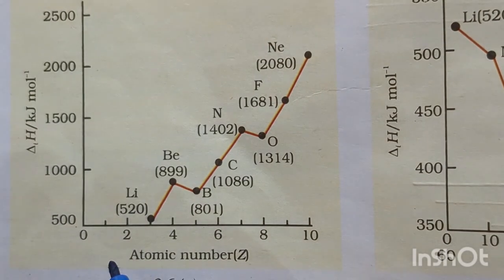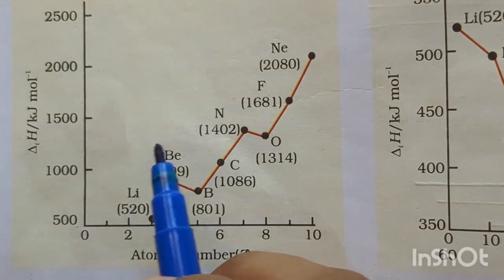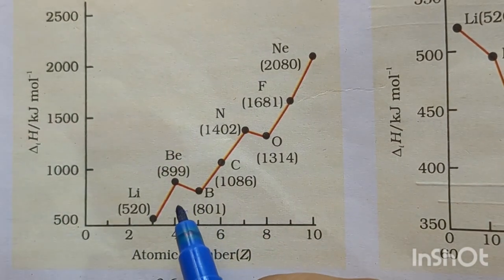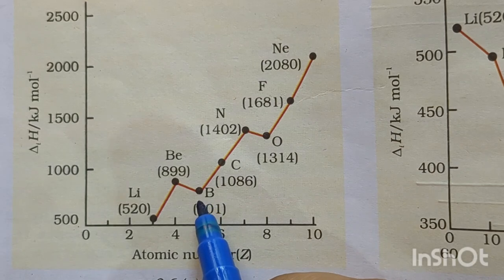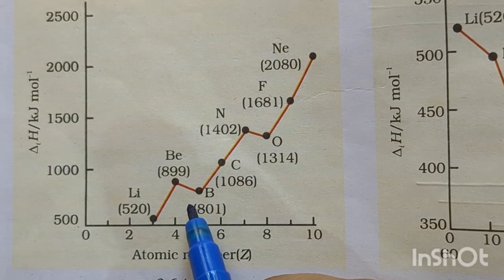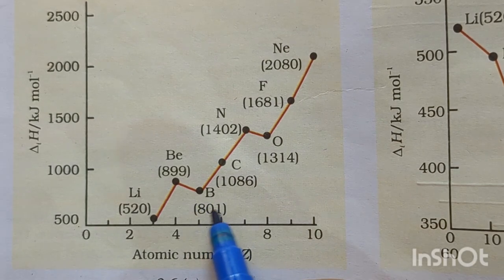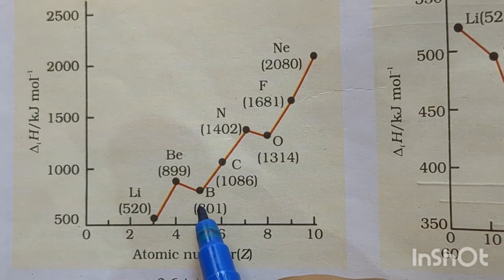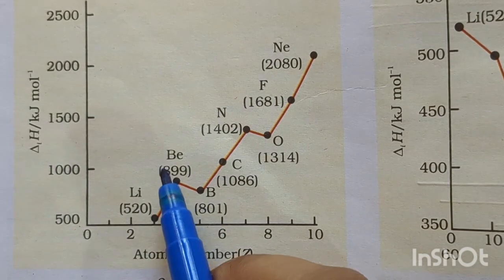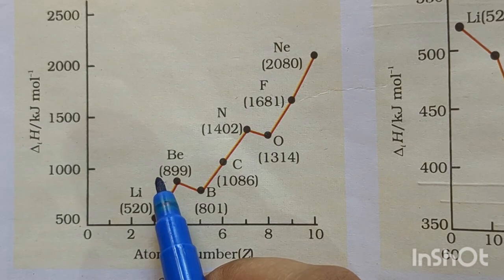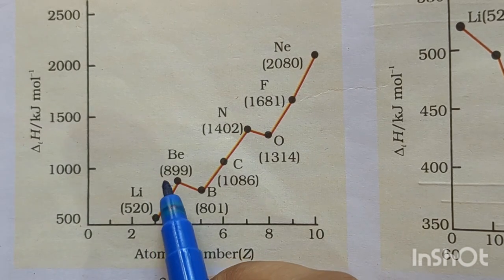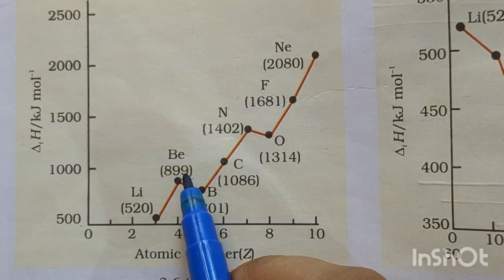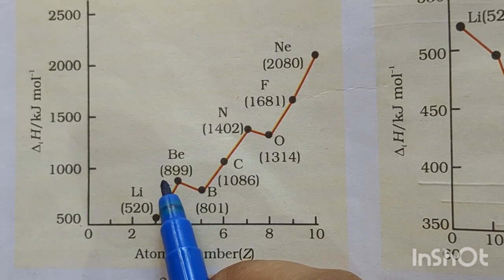But in this figure, which we have already discussed, we can see that the first ionization enthalpy of boron, which has atomic number 5, is 801 kilojoule per mole, while that of beryllium, atomic number 4, is 899 kilojoule per mole.